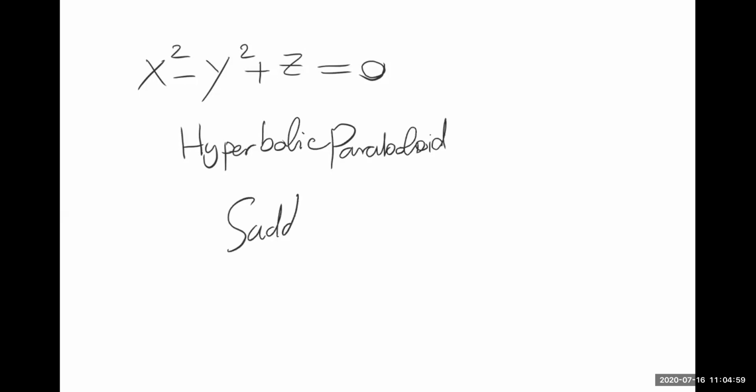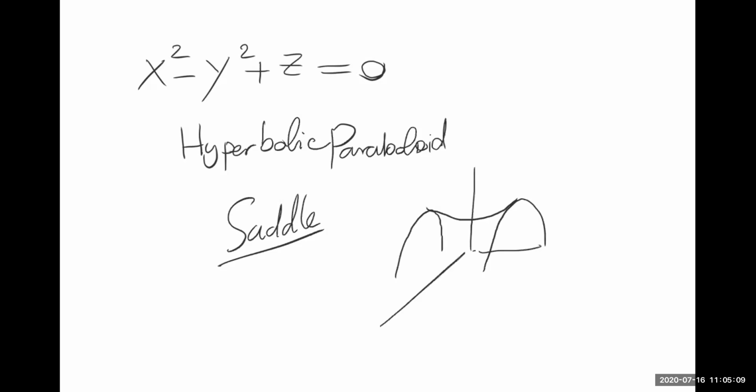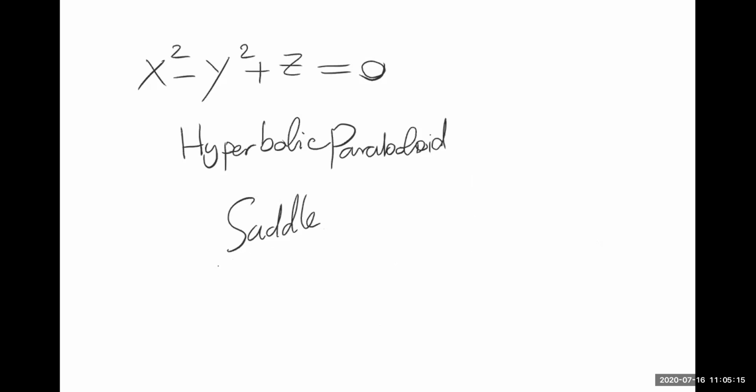You know what a saddle is? The saddle of a horse, for example. It looks like this. Actually, it should go through 0, maybe.